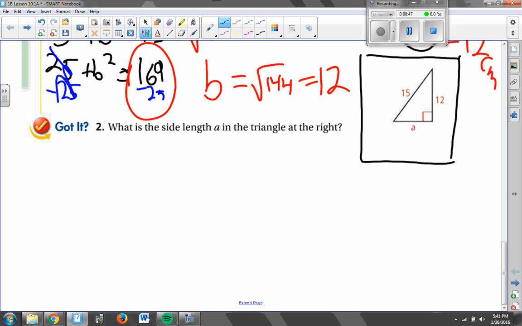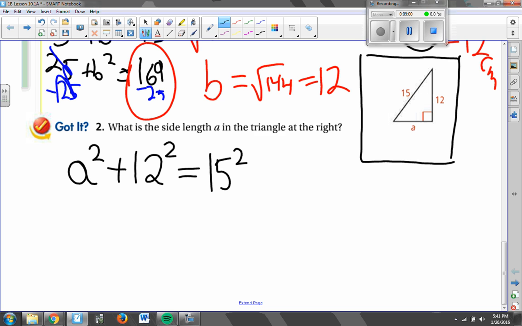If I put my numbers in the Pythagorean theorem, I don't know what A is right now. My other leg is 12, and my long slanted hypotenuse is 15. If I simplify these numbers, I still have A squared. This is 144. This is 225.